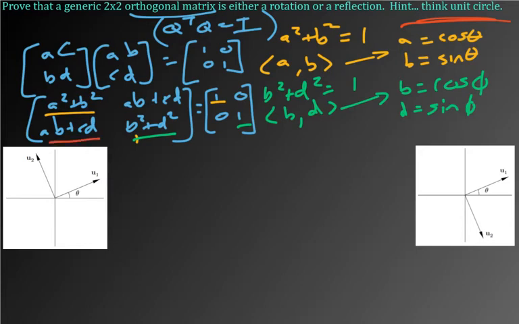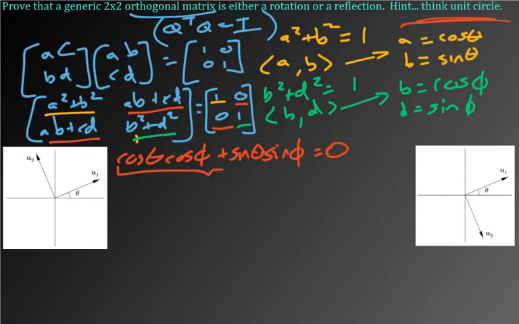Then we have these other identifications. We have that AB plus CD is equal to 0, and we'll only get one more extra thing there. If AB plus CD equals 0, then that's saying that cosine theta times cosine phi plus sine theta sine phi equals 0.